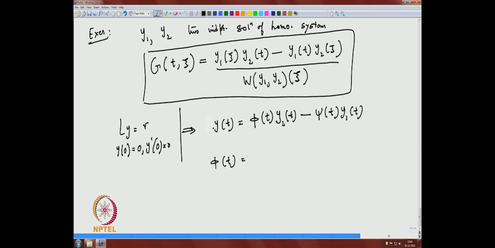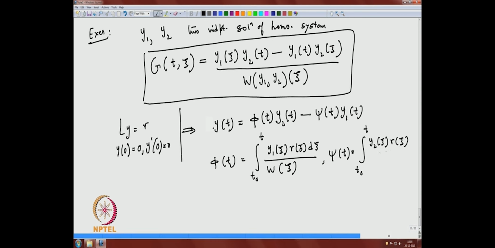It is equal to the integral from t naught to t of y1(psi) r(psi) d psi divided by W evaluated at psi of y1, y2, and your psi(t) will be the integral from t naught to t of y2(psi) r(psi) over W(psi). So, you have a good representation of your solution.